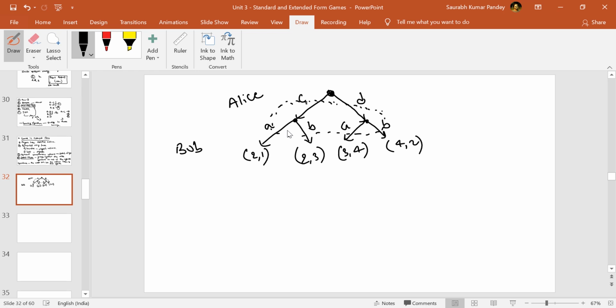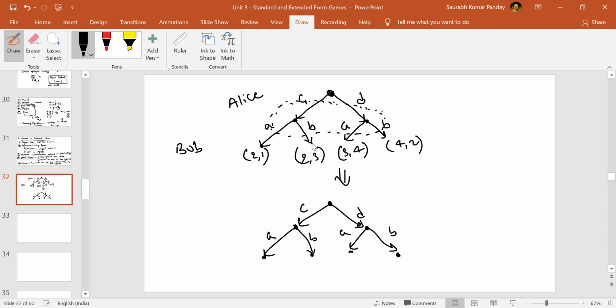Okay, so we can also draw this diagram in this way, wherein Alice takes two different actions, C and D, and based on that, Bob takes another action, A or B. They reach certain nodes.